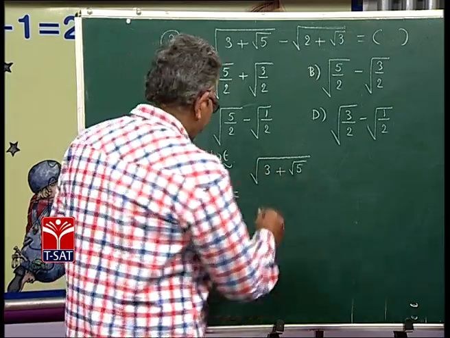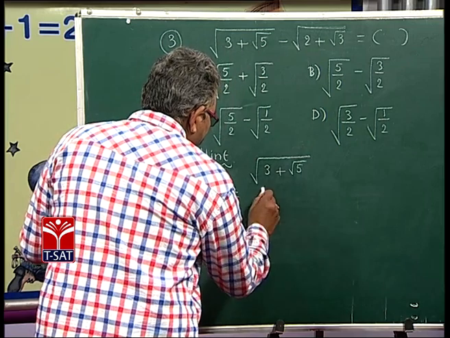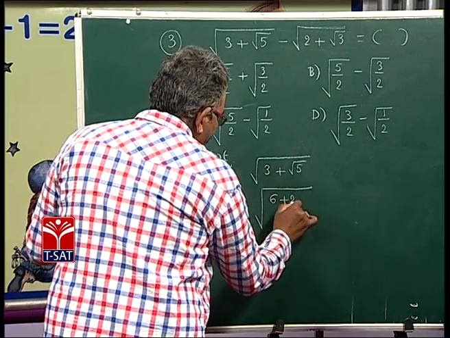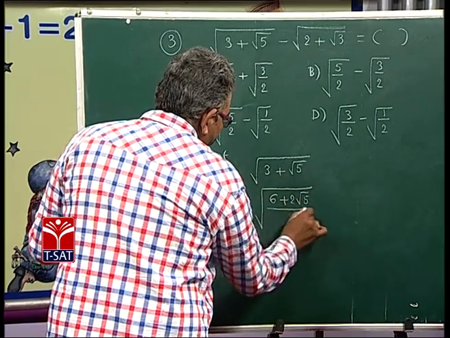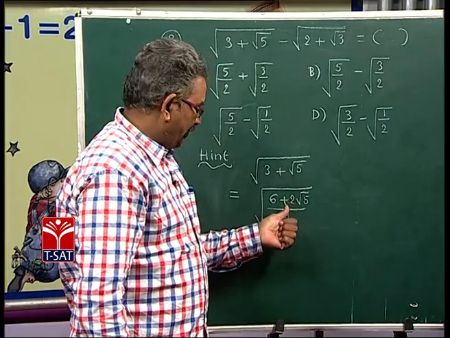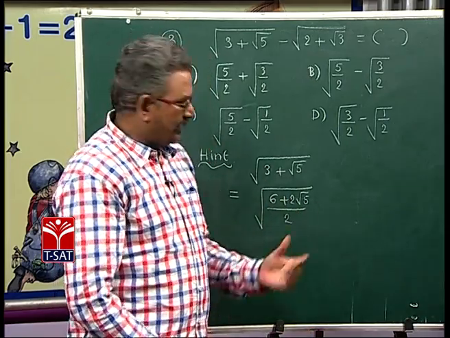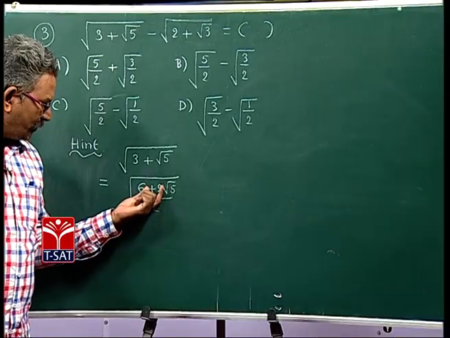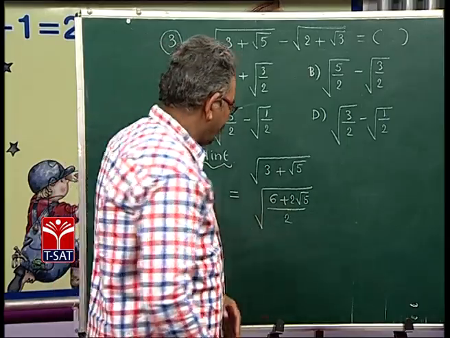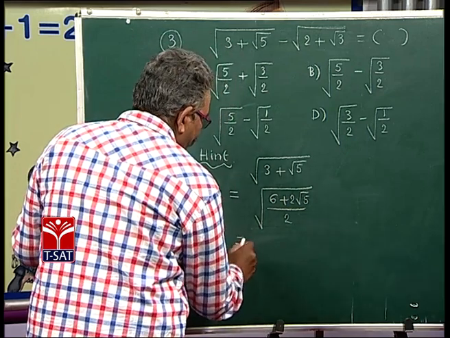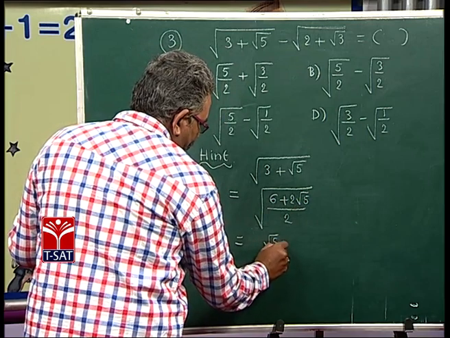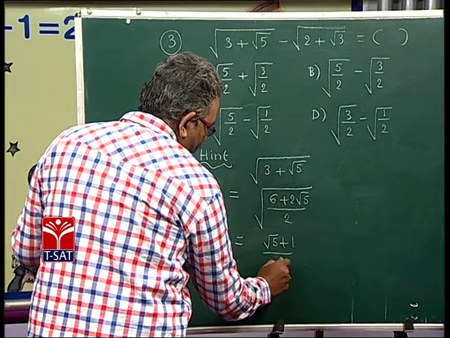So we can write this multiplied with 2, 2 into 3 is 6, 2 root 5 by 2. Here this is numerator and denominator. First let us find the square root of the numerator, and after that the square root of the denominator. So this is equal to 5 into 1, 5 plus 1, root 5 plus root 1, root 5 plus 1 by 2.